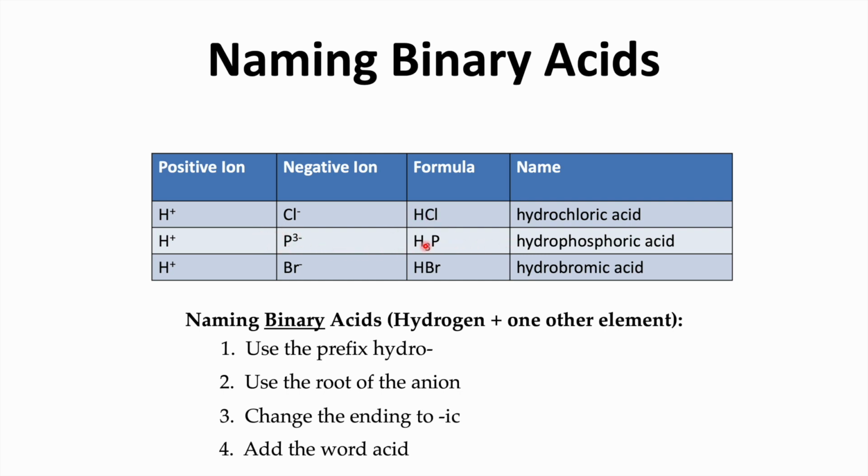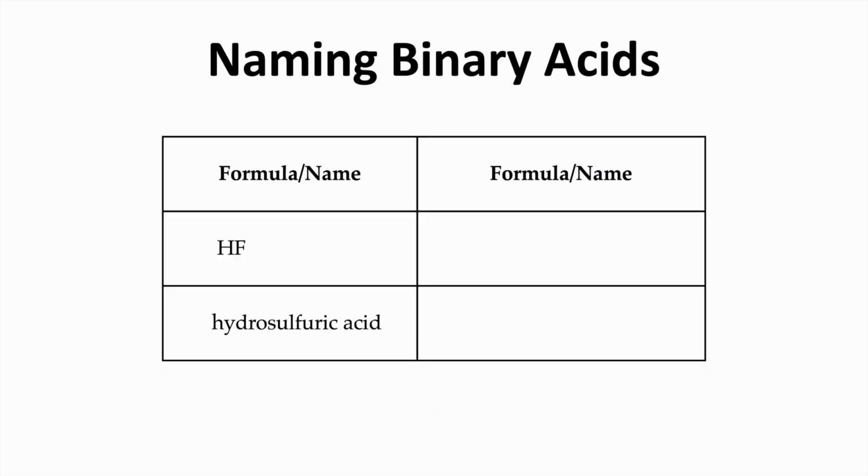When it becomes the acid, we use phosphor as the root of the anion name, add the prefix hydro and change the ending to IC: hydrophosphoric acid.